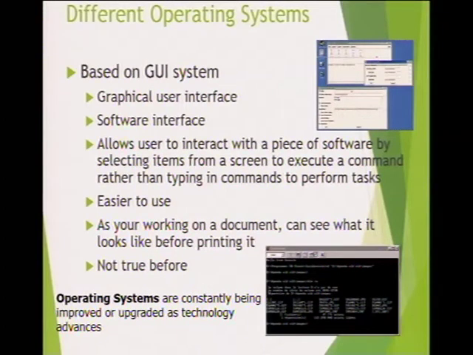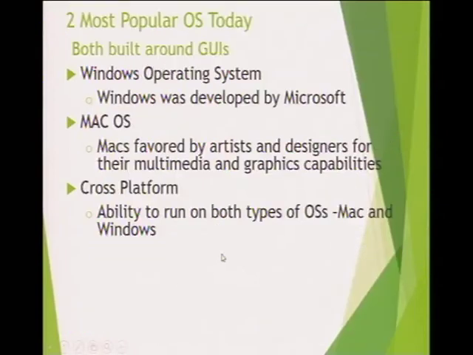Sometimes as we are working on a document, you can see what it looks like before printing it through these commands. It wasn't like that before, but now we are able to use that. So the operating systems are constantly being changed, being improved upon, being upgraded as technology advances. There are two most popular operating systems today, both built around the graphic user interfaces, GUIs.